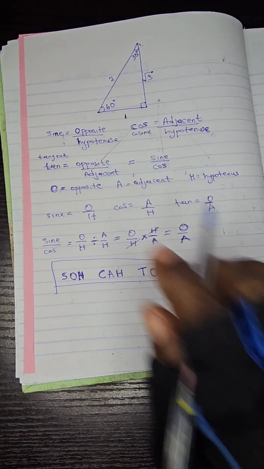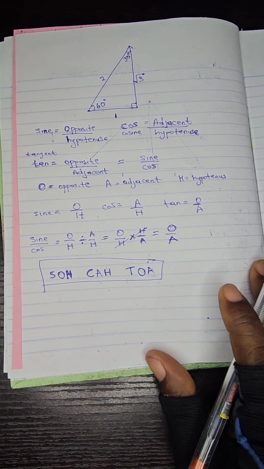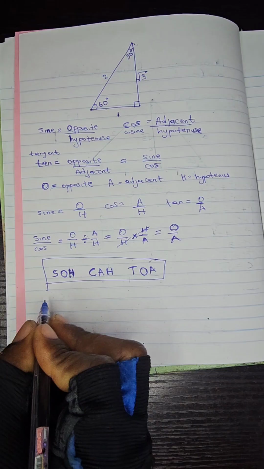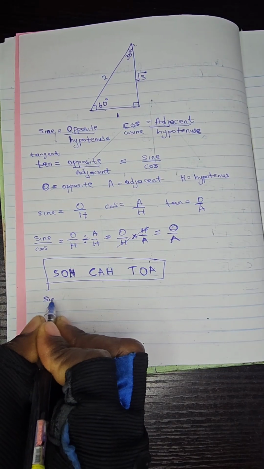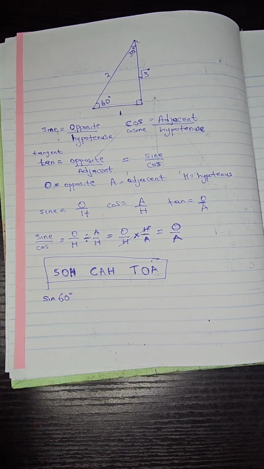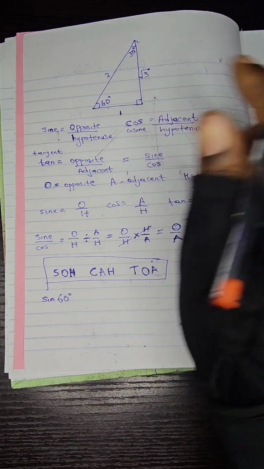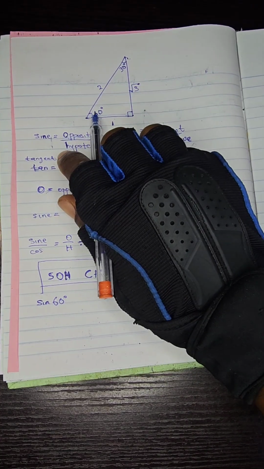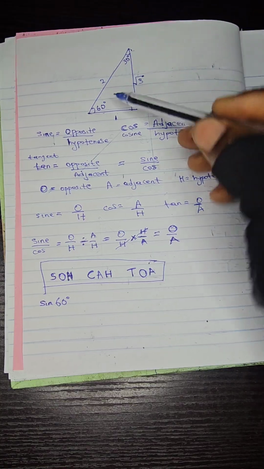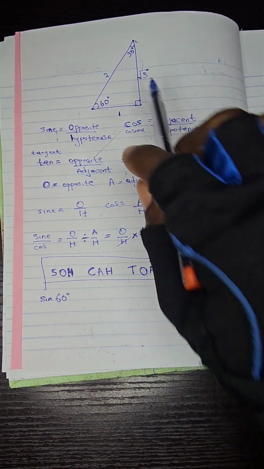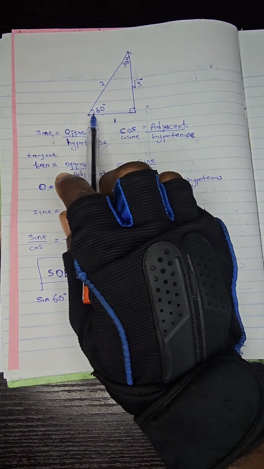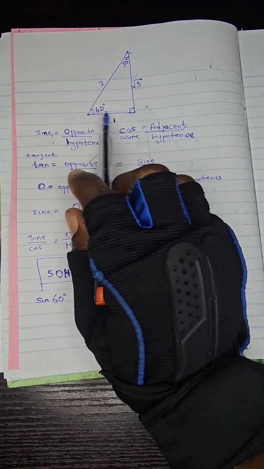Now let's start solving for the sines of these angles. Now sine of 60 degrees. What is opposite? Opposite is the side facing the angle. Any side that is facing the angle is opposite, while the adjacent is the side the angle is sitting on.